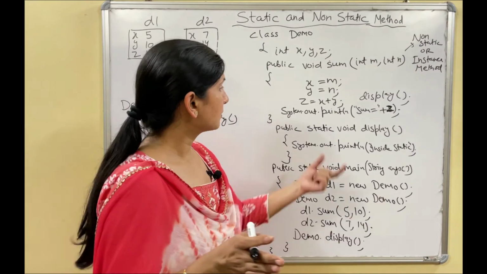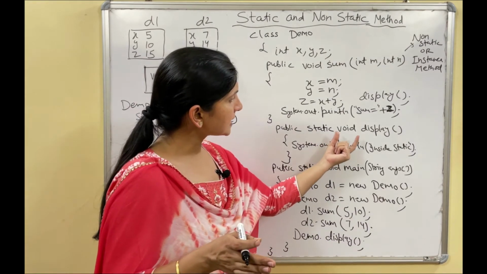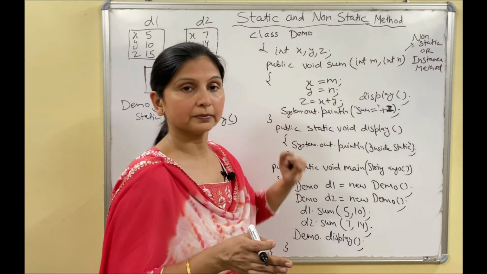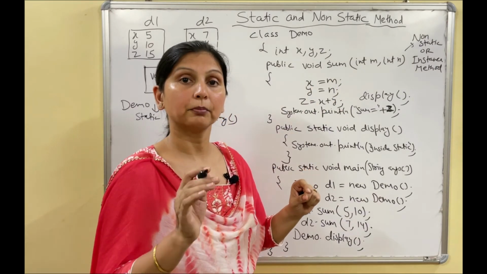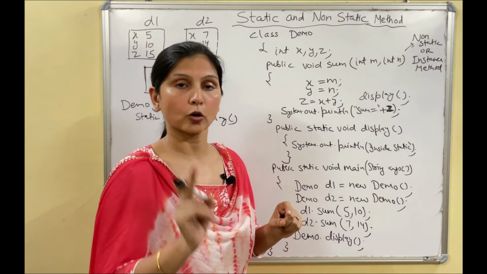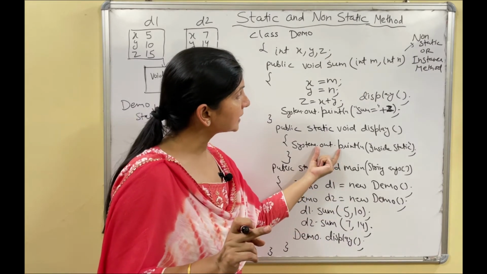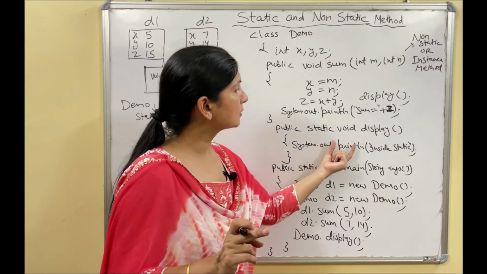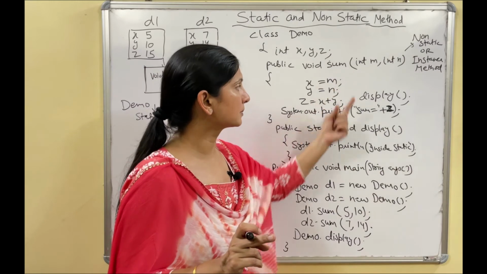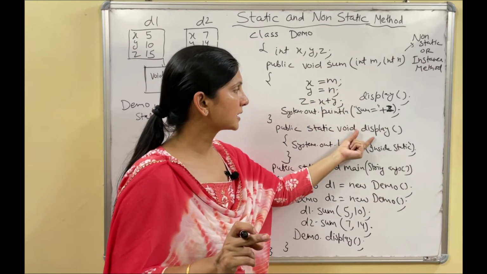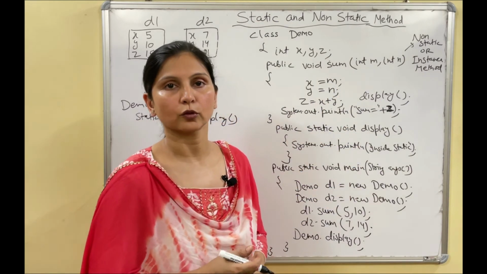Fine. But if you say this static method can invoke this sum, yes, it can, but with the help of object. So you need to create its object. Demo d equals new Demo, then d dot sum. If you write in display, then it will be invoked.